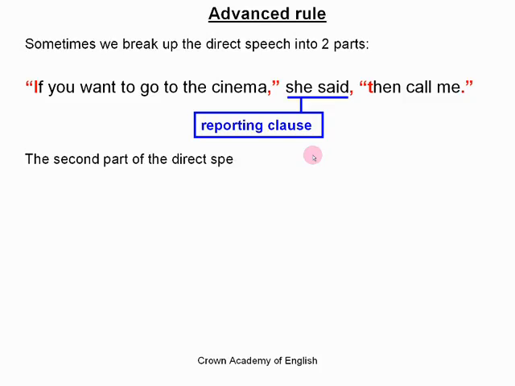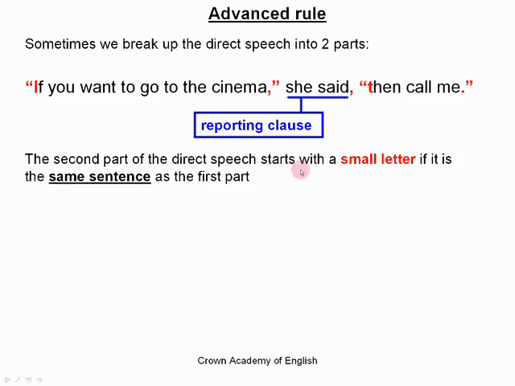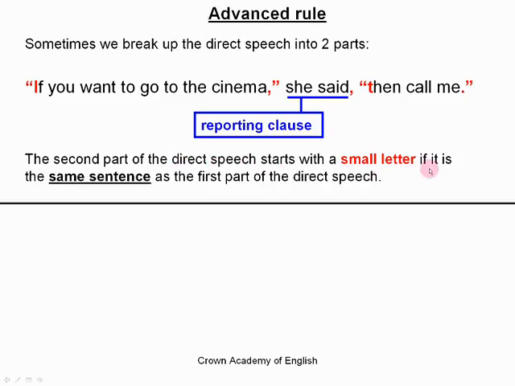And there is a special rule for this. The second part of the direct speech starts with a small letter if it is the same sentence as the first part of the direct speech. Small letter.